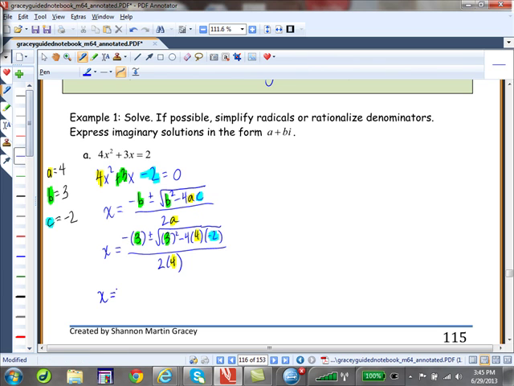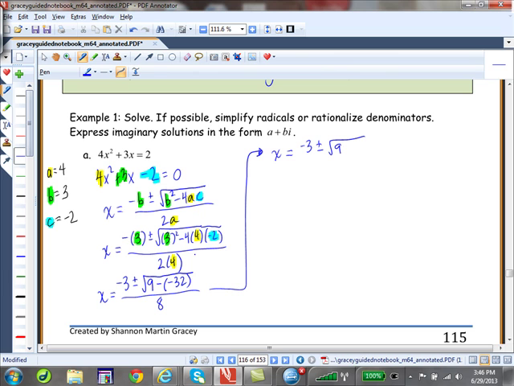Alrighty, so we'll get x is equal to negative 3 plus or minus the square root of. So we have 9. We're going to end up getting, well, I'll do it like this. Minus, this is going to be, what is this? 16 times negative 2 is negative 32 all over 8. So we'll have x is equal to negative 3 plus or minus.